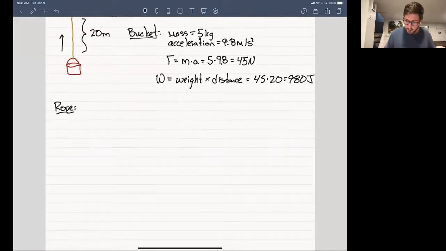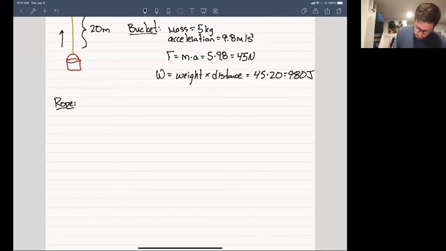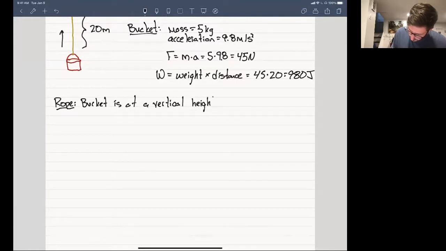So if the bucket is at a vertical height of y, and y in this case will be between 0 and 20, right? 0 meaning we're on the ground where we started, 20 meaning we're at the very top where we ended. Then this tells me that there is 20 minus y meters of rope out.